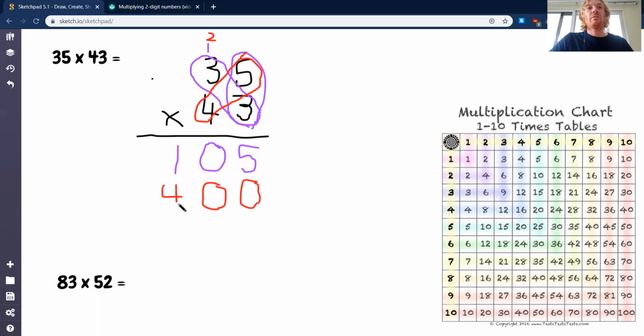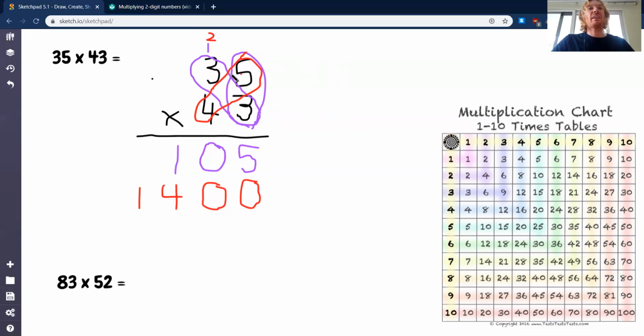I put the 4 in hundreds column and the 1 all by itself out in front in the thousands column, okay? So that means 40 times 35 equals 1,400 and the 3 times 35 equals 105.